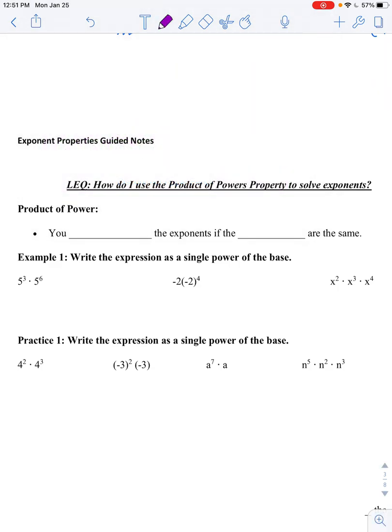So how do I use the product of powers property to solve exponents? If a property has the word product in it, that means it is dealing with multiplication, because the answer to a multiplication problem is called a product.